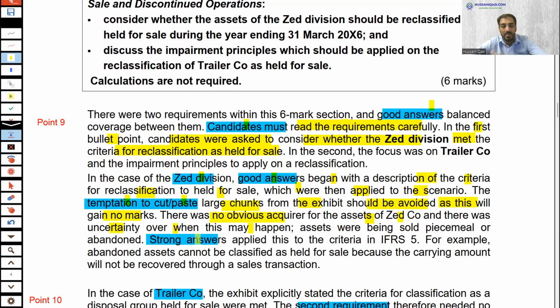Assets were being sold piecemeal or abandoned. So here, very important, strong answer. And I hope that you will be part of that category of students who draft strong answers. Strong answers applied this to the criteria of IFRS 5. For example, abandoned assets cannot be classified as held for sale because the carrying amount will not be recovered through a sale transaction.